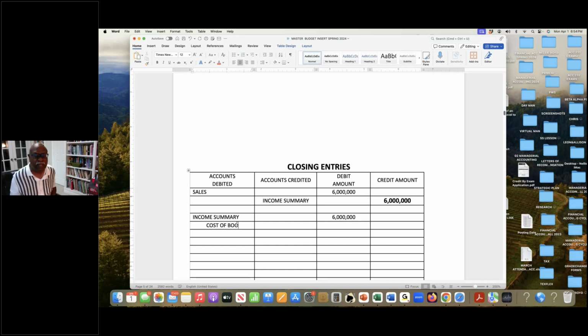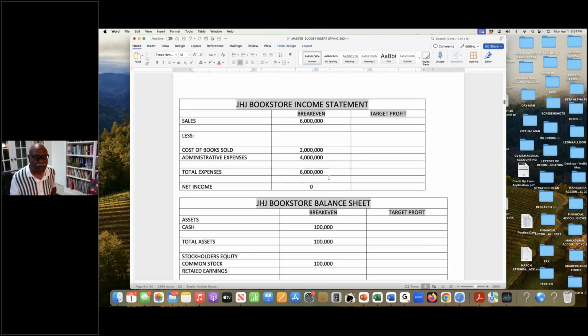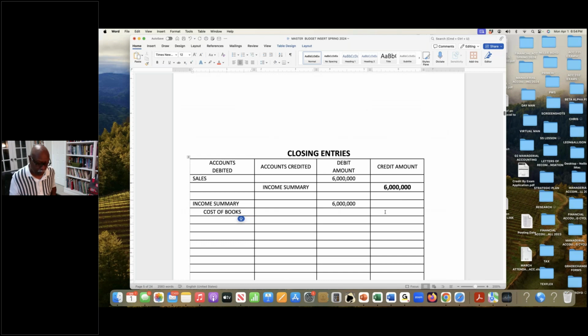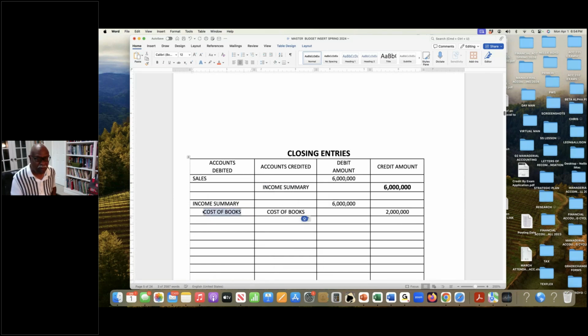We said the cost of the books was 2 million, correct? And then we have the administrative expense, and that amount was 4 million.